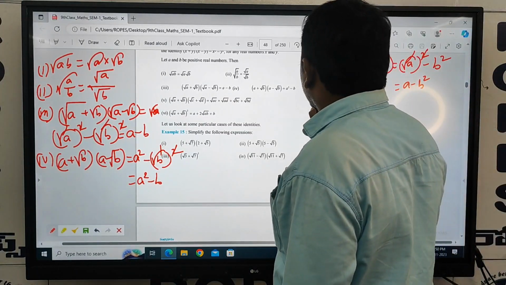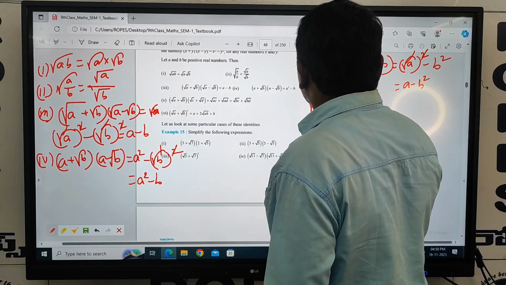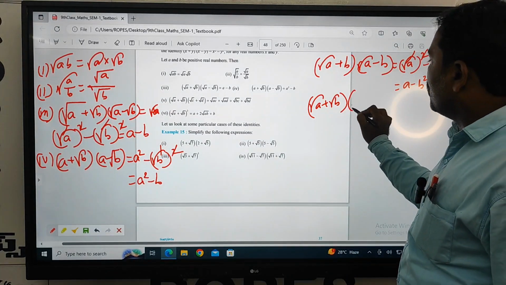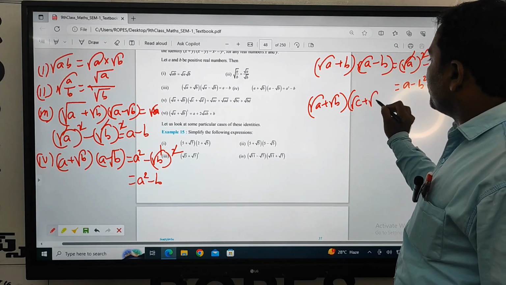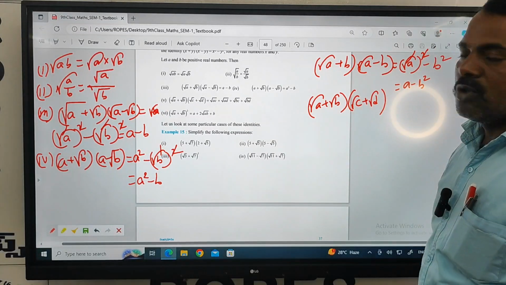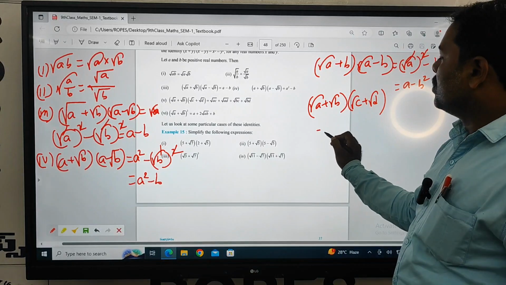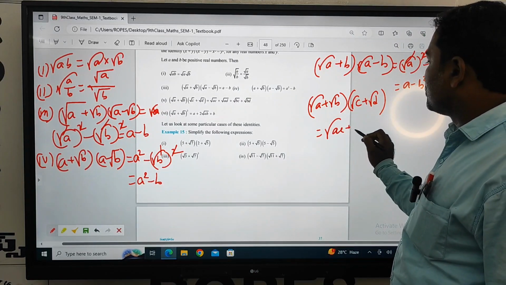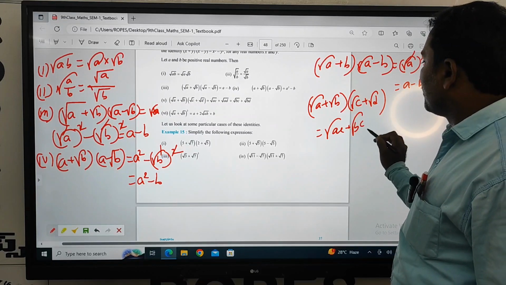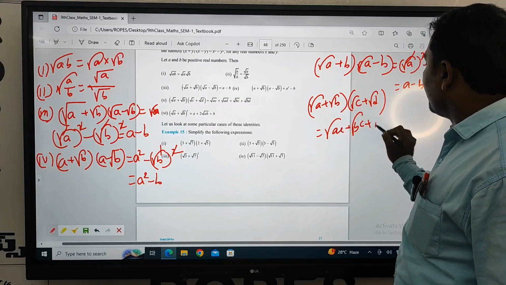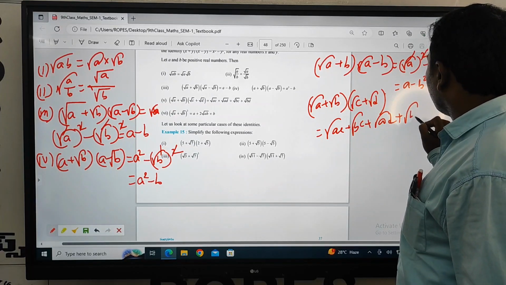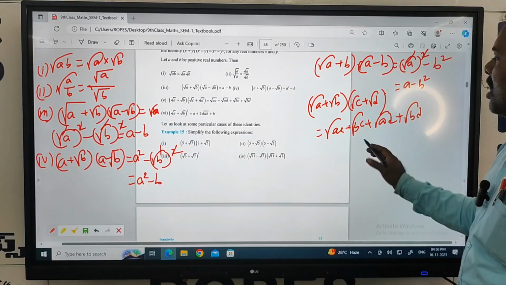Next, (root A plus root B) into (root C plus root D) is equal to root AC plus root BC plus root AD plus root BD. So this is the product.